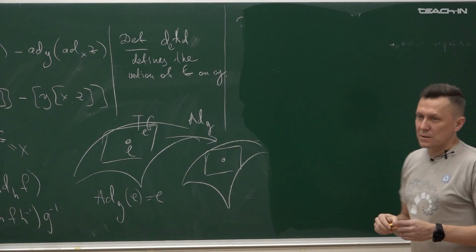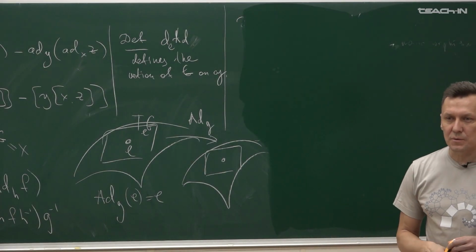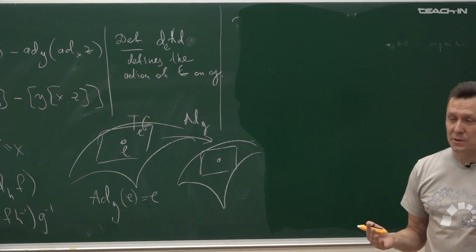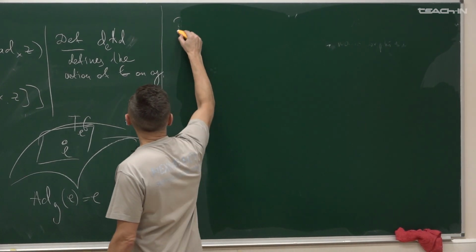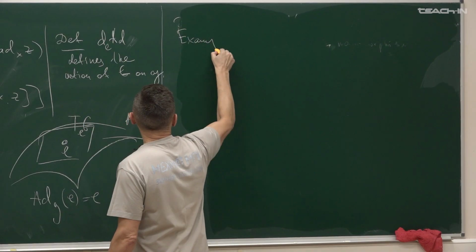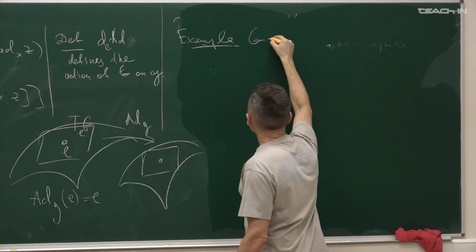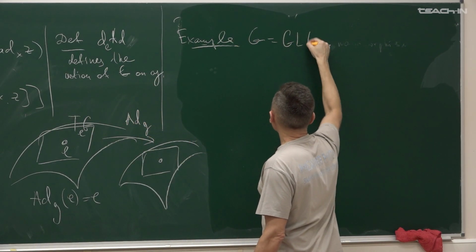Let us consider this action in the case of the group of linear transformations, G is GL(n).